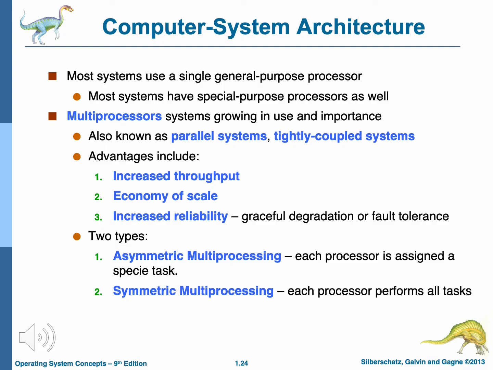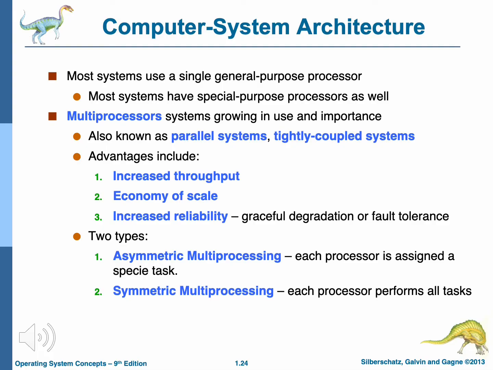3. Increased reliability. If functions can be distributed properly among several processors, then the failure of one processor will not halt the system, only slow it down.